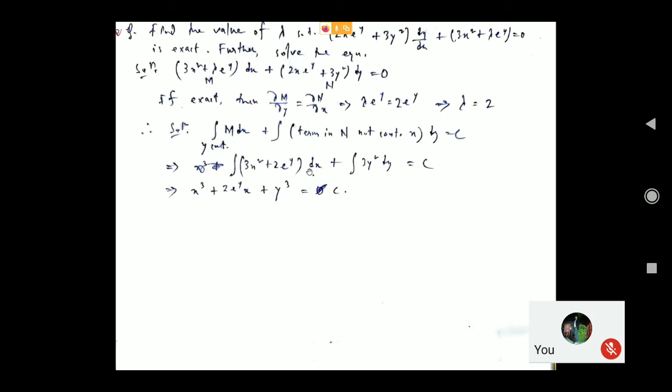Okay, here is another question regarding exactness. The question is, find the value of lambda such that (y to the power 6 e to the power y plus 3y square) dy dx plus (x square plus lambda e to the power y) equals 0 is exact.